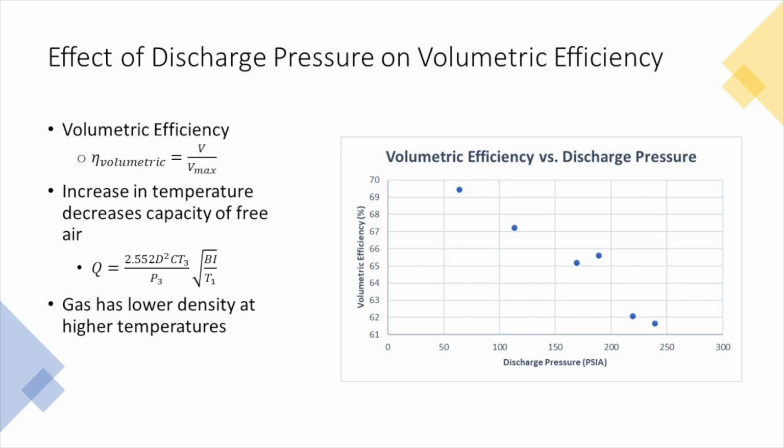So when we achieve high discharge pressures, we also have high temperatures involved, and this decreases the density of the gas. So when you have your mass constant and the density decreases, volume also decreases. So at higher discharge pressures, the compressor is not as efficient at moving air out of the piston.